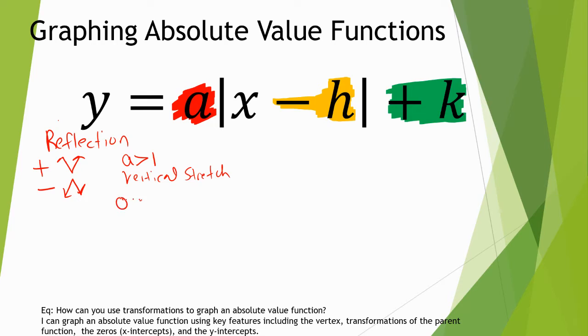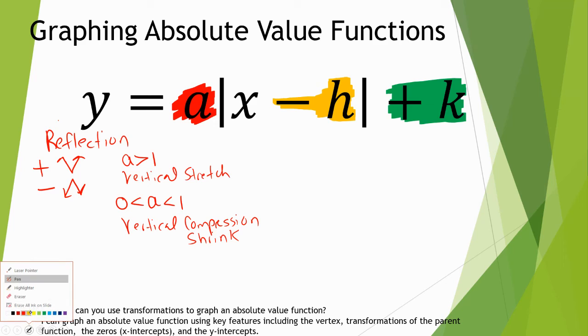And if it's between 0 and 1, then that is going to be a vertical compression. I like to call it a shrink, especially since this one's a stretch. The other one should be called shrink, but compression means the same thing.